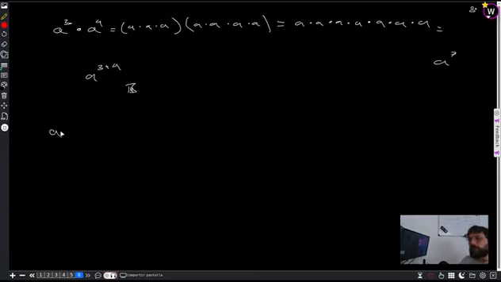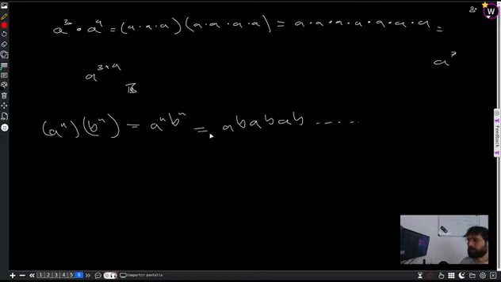When we have something like a to the n times b to the n, we then have a to the n, b to the n. And you can see the relation here. Because if we have a to the n times b to the n, this would be something like a, b, and so many times, to the n.